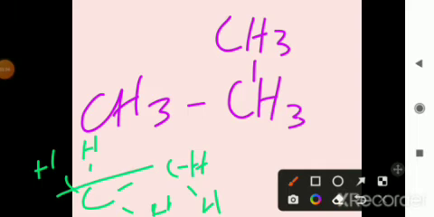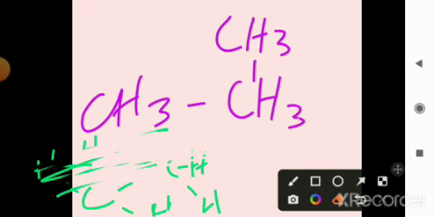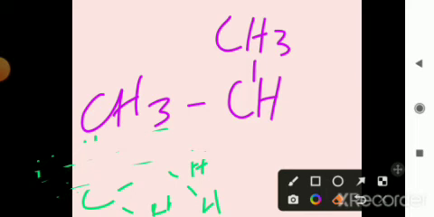Here you are not allowed to write this 3. Why? Because if you write 3 here, it will have 5 bonds, which is not possible because carbon is tetravalent, as we all know. So we will write it as 2.